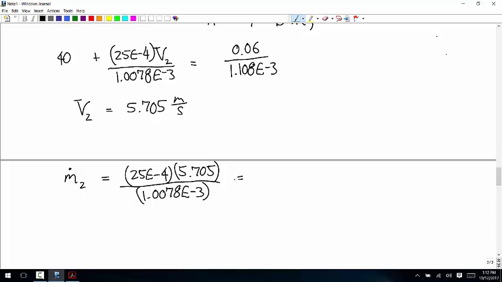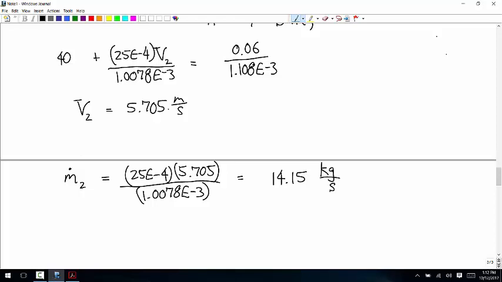Could someone calculate that one? 14.515, and that is kilograms per second.